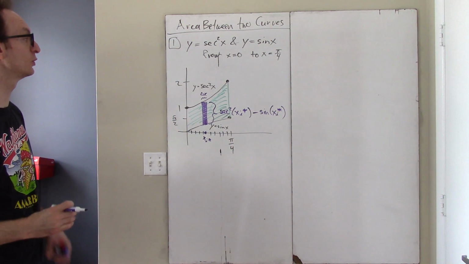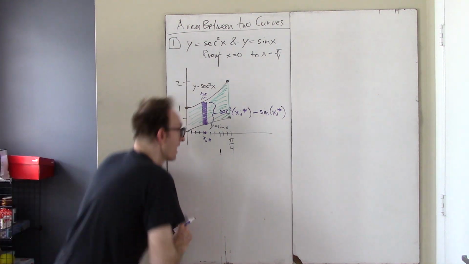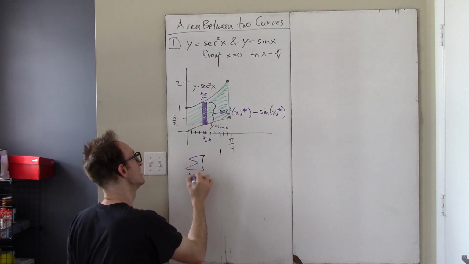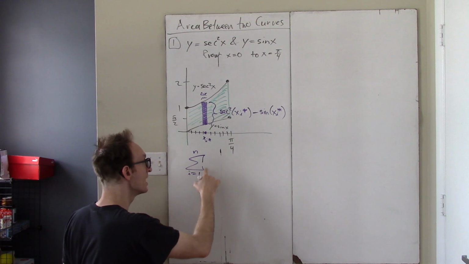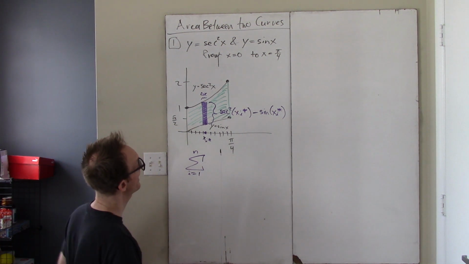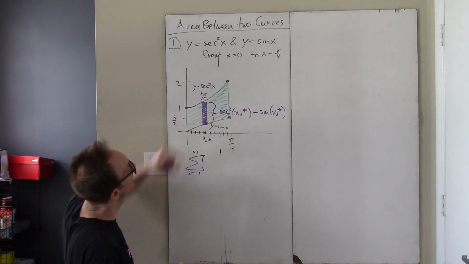If you think about it this way, then what we are really doing is taking the sum from i equals 1 to n of a bunch of things. What are those things that I am summing? I'm summing up rectangles.